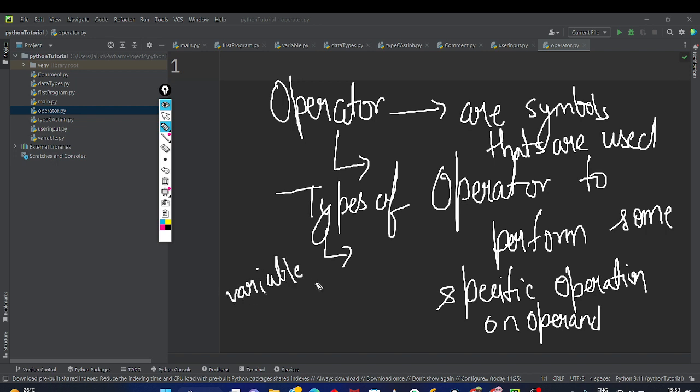An operand is basically a variable or a value.